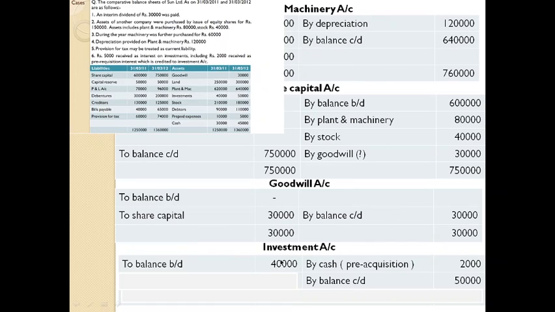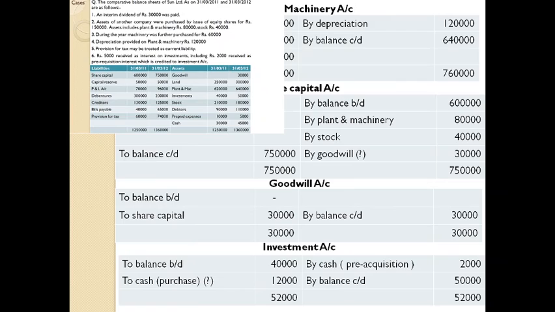And if you take the totals of these two sides, it doesn't tally, so there is a difference in the debit side. Whenever there is a difference in the account of a certain asset, if it is a debit side difference, it is considered as to cash. If it is a credit side difference, it is considered as by cash. Here, there is a difference of rupees 12,000, so it is considered as to cash. To cash means purchase.